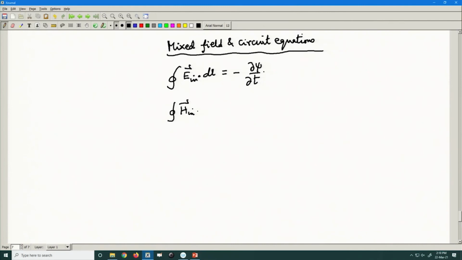Then, in the second equation of equation 3, we have the integral of H in dot dl on the left side, and replacing D in dot ds by psi E, and the double integral of J in dot ds by I, it equals del psi E del t plus I. Therefore, the closed line integral of the magnetic field is related to the time variation of the electric flux plus the current.